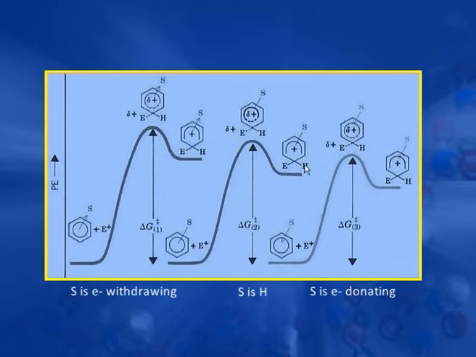Now, if we have a substituent which is electron withdrawing, then you can see there is an increase in E activation. So, due to this the rate of reaction decreases. Now, if this S is electron donating, then there is a decrease in E activation. So, due to which the rate of reaction increases.